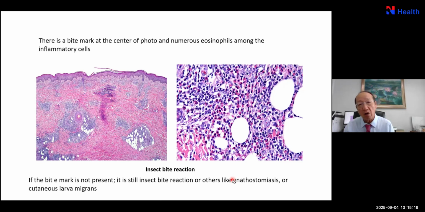But in freshwater fishes, they harbor the parasites of gnathostomiasis. And you shouldn't eat fresh, raw freshwater fish. It's high risk unless it comes from a farm. Okay, this is the insect bite reaction. The number of the eosinophils is just amazing. Millions of them.